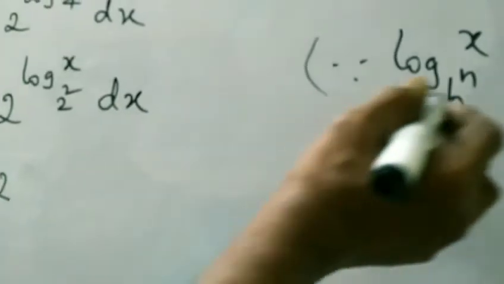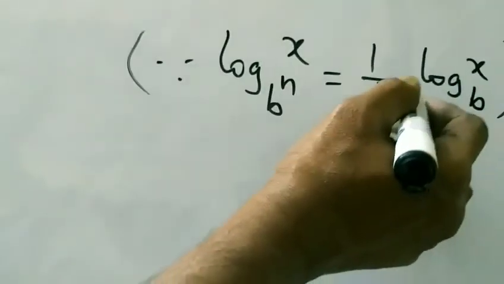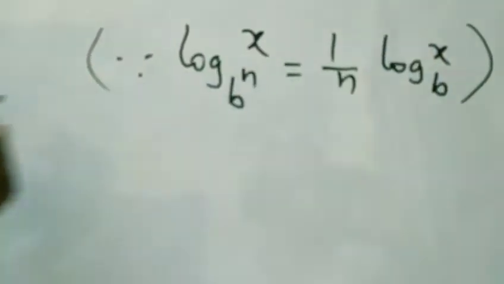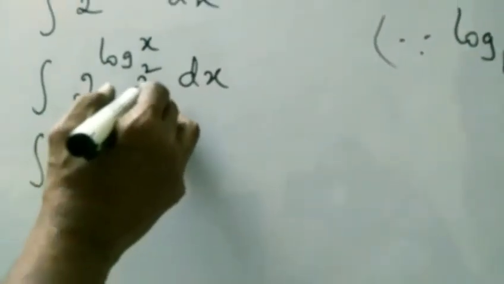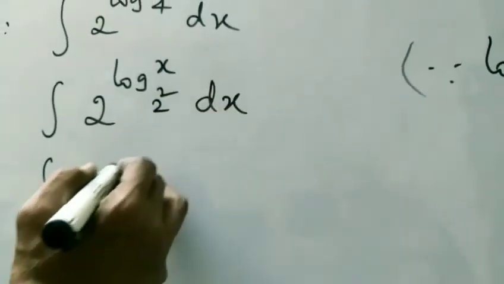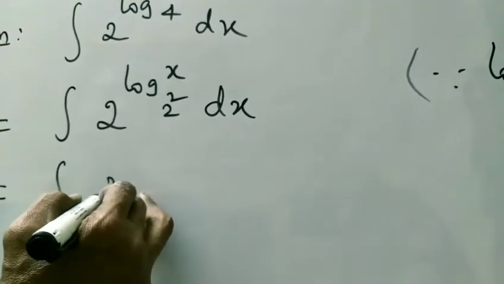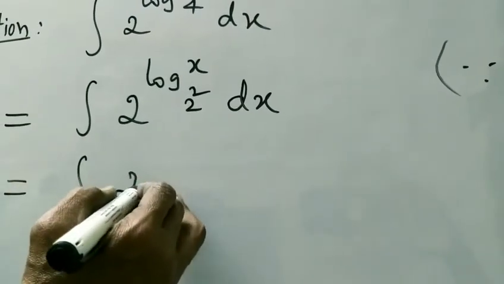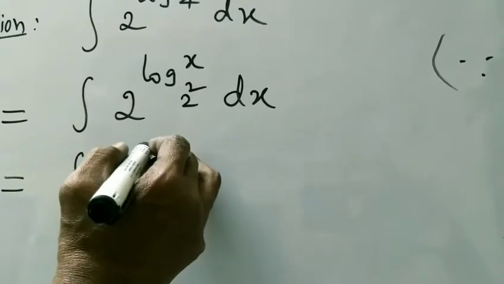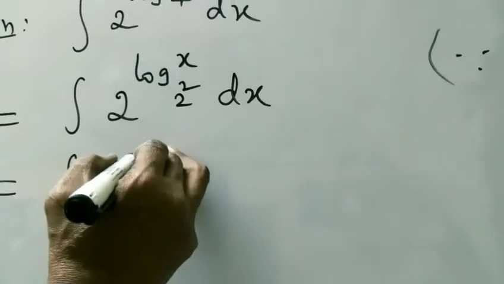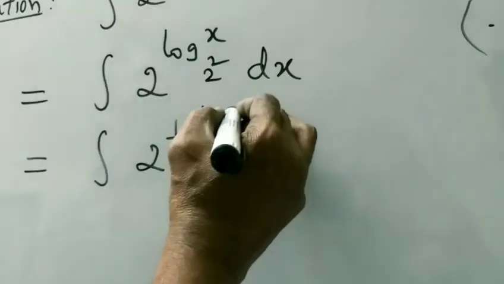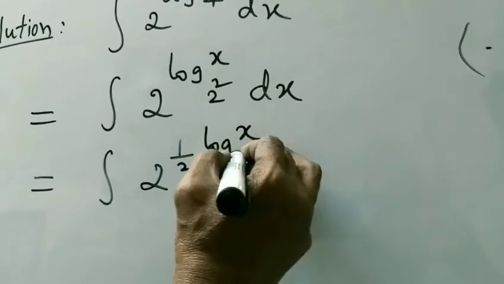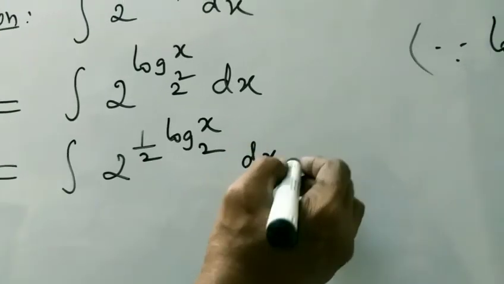So 2 to the power of log x to the base 2 square dx is equal to the integral of 2 to the power of 1 by 2 log x to the base 2 dx.